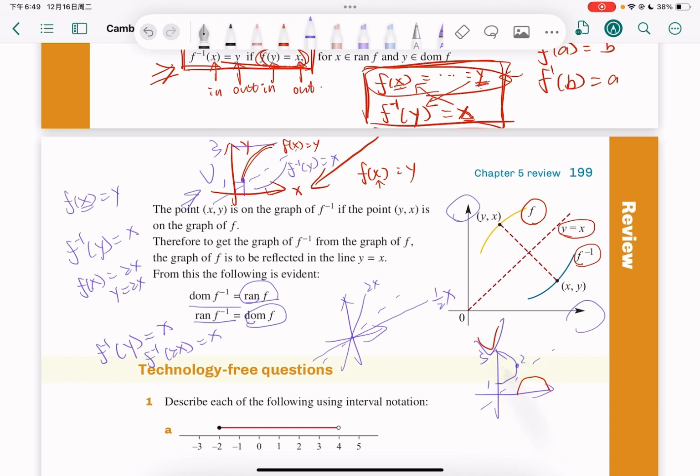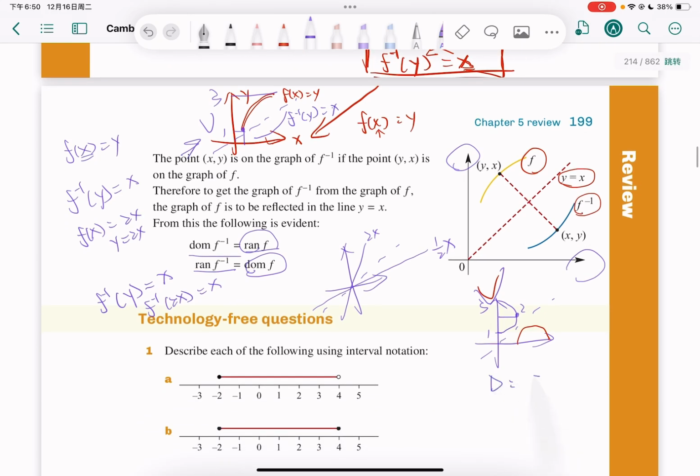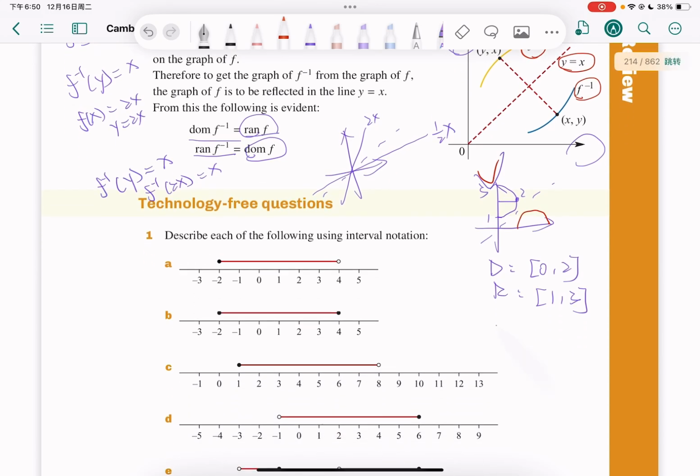So the domain of the purple should be 0 to 2, including 2 and 0. The range should be 1, 2, 3. However, on the red curve, it's very easy to see that the domain, this one is the inverse one, should be 1 to 3. And the range is 0 to 2. This is 2.